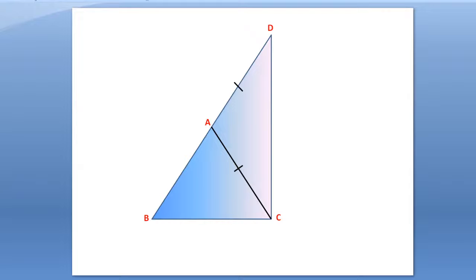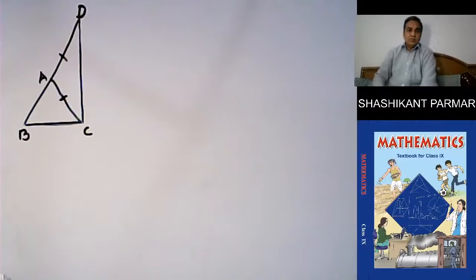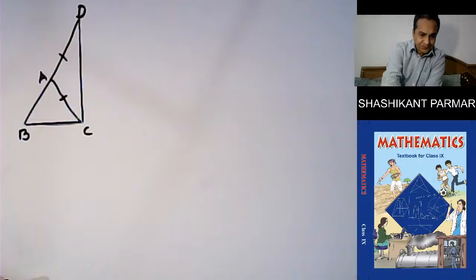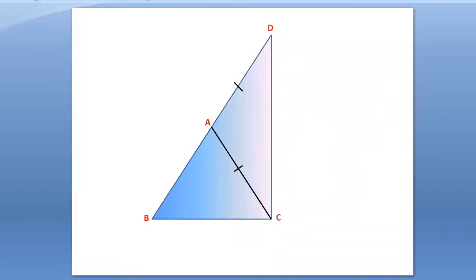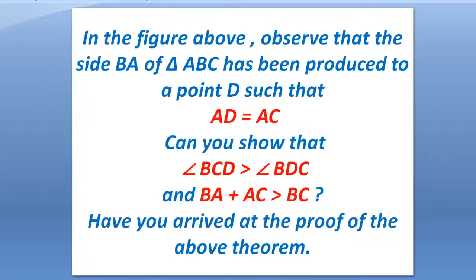AD and AC are equal. Draw this one. Now try to understand. In this given figure, observe that side BA of triangle ABC has been produced up to D such that AD and AC both are equal.